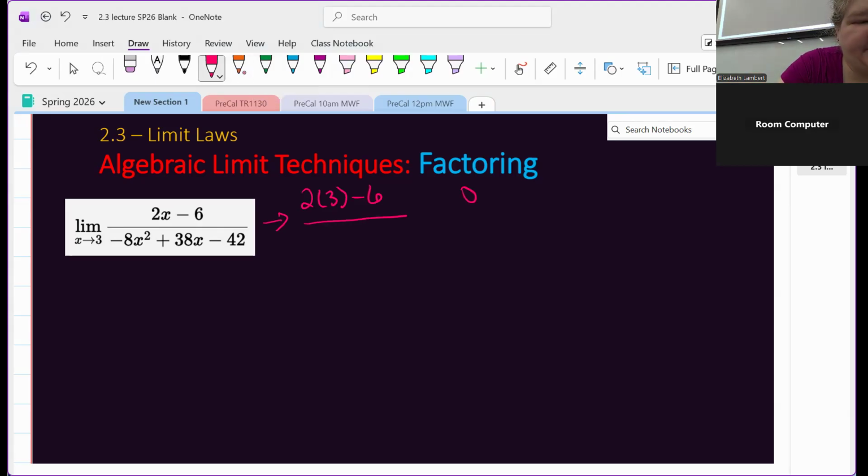And then on the bottom, -8 times 3 squared plus 38 times 3 minus 42. Dear God, why? -8 times 9 plus 38 times 3 minus 42. What a shock! It's 0.